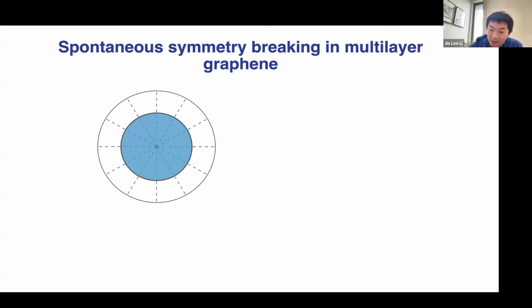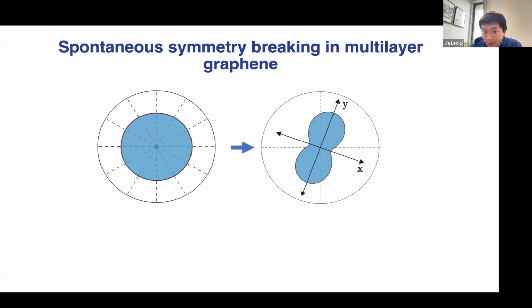And when you introduce very strong Coulomb interaction, it could spontaneously undergo what's called a quadrupole distortion. The Fermi surface becomes peanut-like. It breaks rotational symmetry, and there are 2 principal axes, X and Y, each of them a mirror axis. So twofold rotational symmetry is preserved, but everything else is broken.